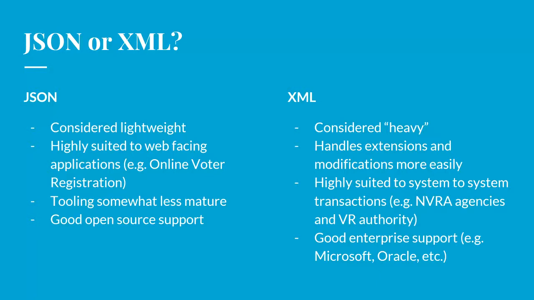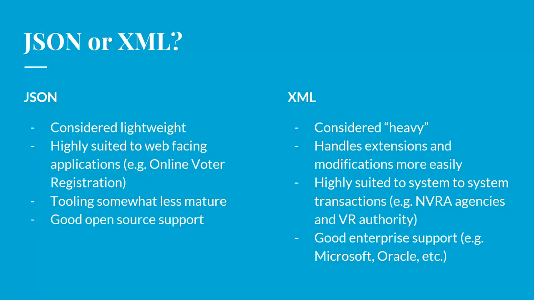The big difference between the two is how easy they are to use in certain environments. So JSON is extremely low friction on the web. So anything that you're doing on the client side or in a web browser, you're going to lean towards JSON. It has very good open source support with all the modern languages, Python, Node, which I just showed you.